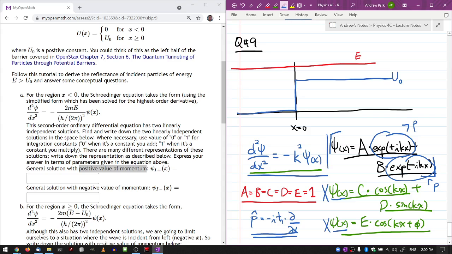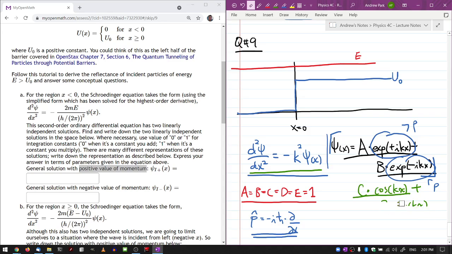And by plugging this into this expression here, you can figure out that this coefficient, k squared, is equal to 2mE over h bar squared.